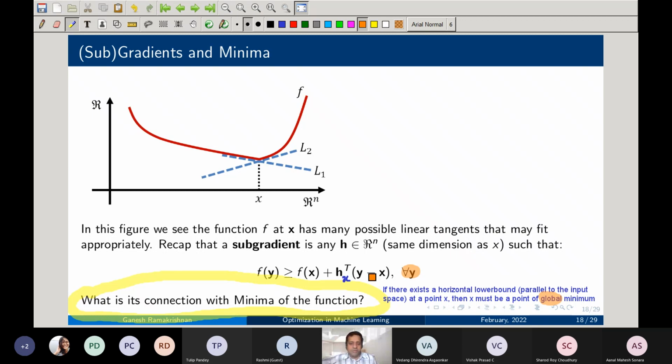And what this basically is saying is that there is a horizontal lower bound. A horizontal lower bound basically says there's no rate of change, like saying no change to the function value on small movements around x. What would that amount to again? Just equivalent ways of saying the same thing.